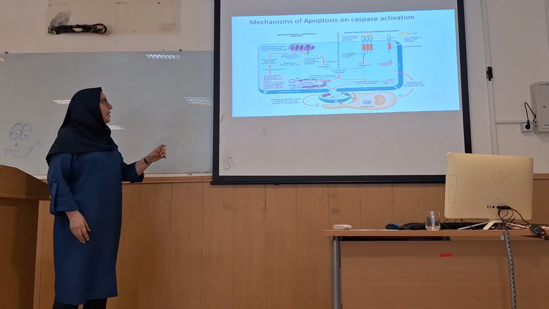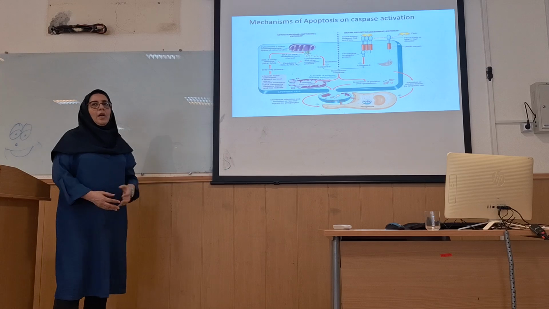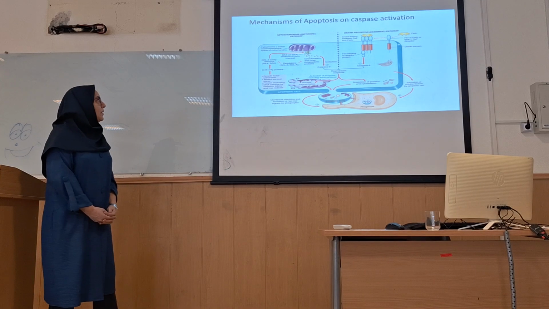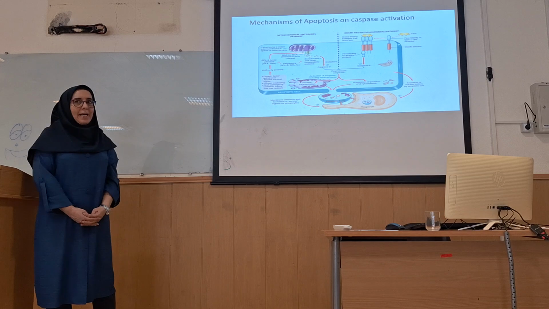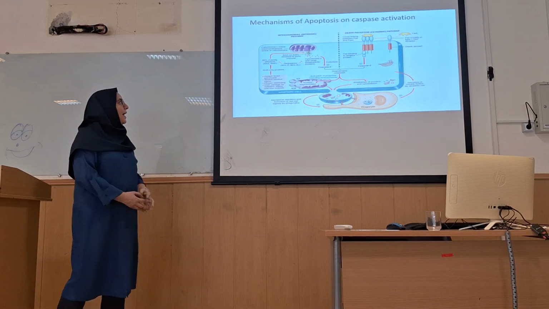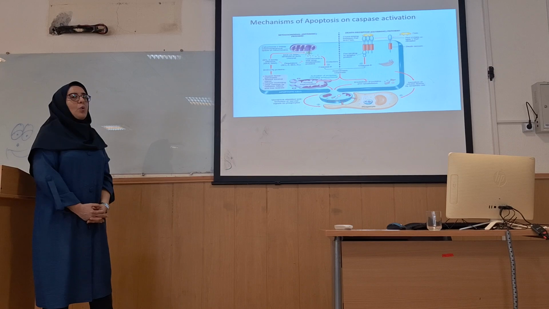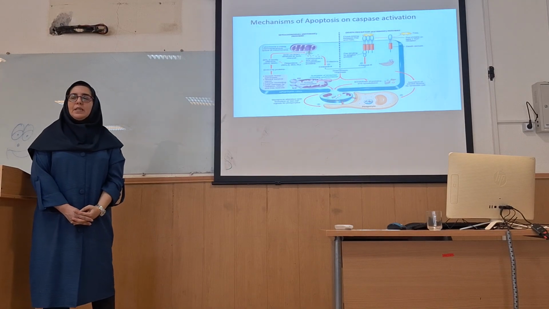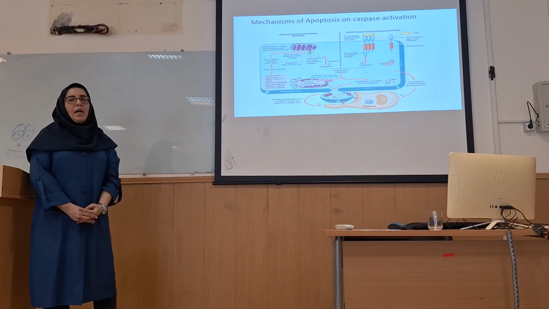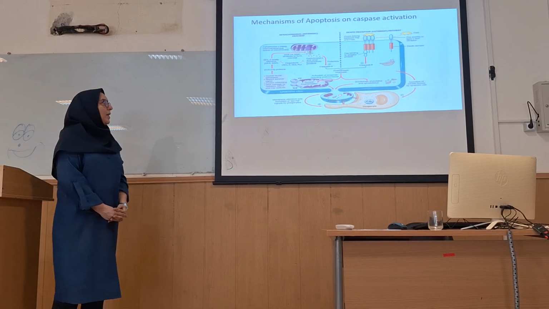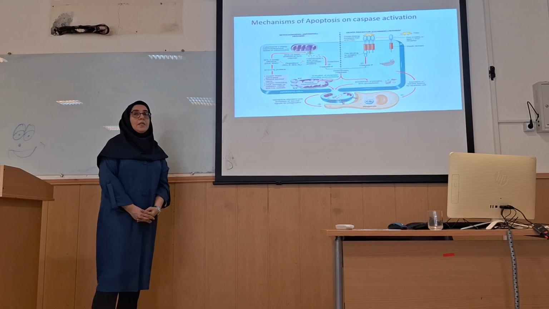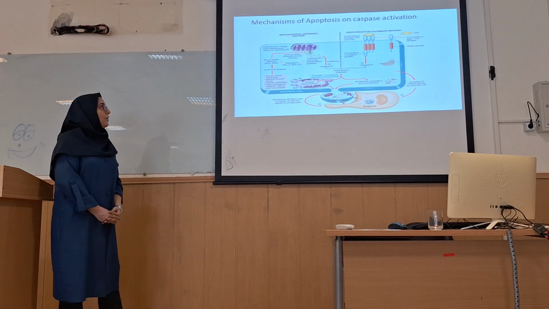So, when apoptosis starts, BCL2 family members such as BAX and BAK are activated. BAX and BAK affect the mitochondria and increase permeability of the mitochondrial channel, associated with the exit of some proteins such as cytochrome C from the mitochondria.